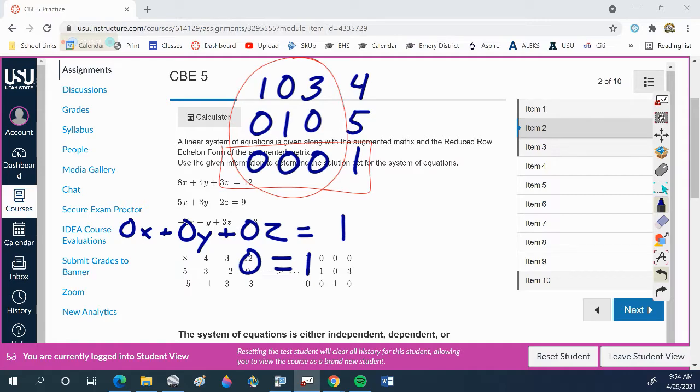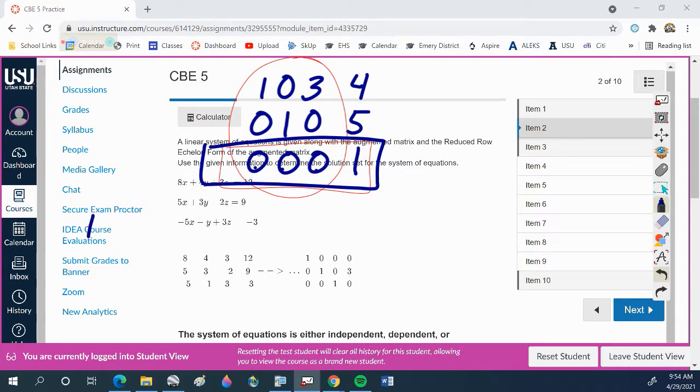So if the answer is no solution, it will always look like this: 0, 0, 0, 1. There won't be any other numbers in there. Okay, 0, 0, 0, 1 is the only option. All right? What if you see this?